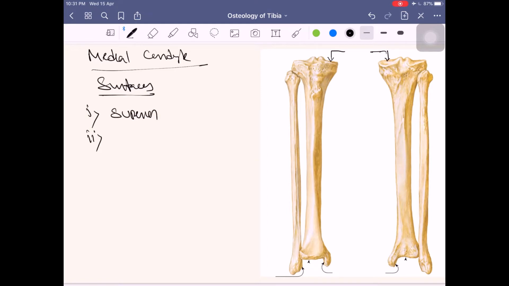Then, this is the posterior view, this is the anterior view. If I draw the line again, this is the area which we are concerned with. So this is your posterior, and you have the posterior surface, which is the view of the condyle from the posterior. Similarly, you will have the anterior surface.